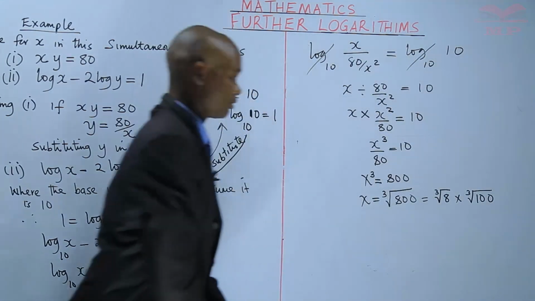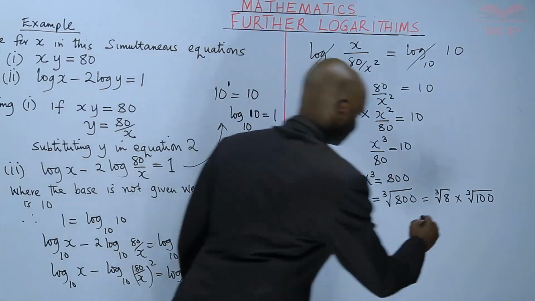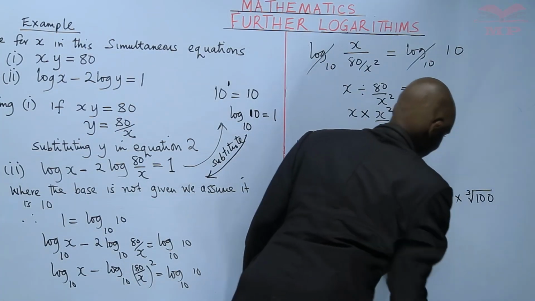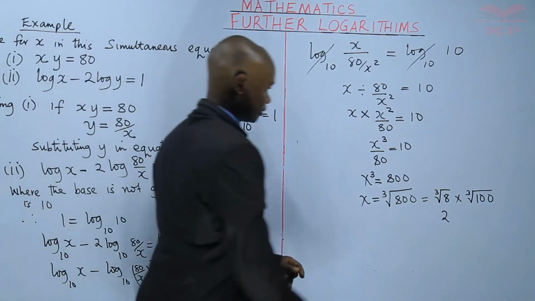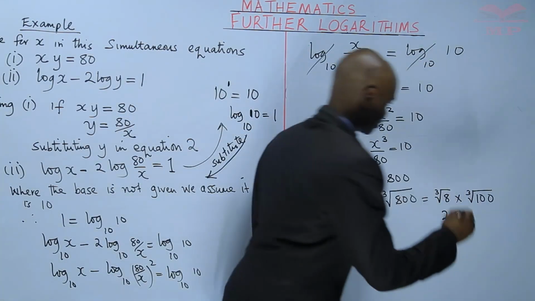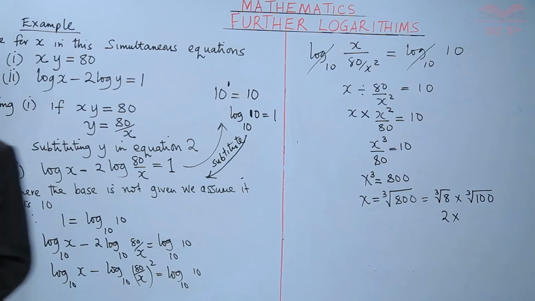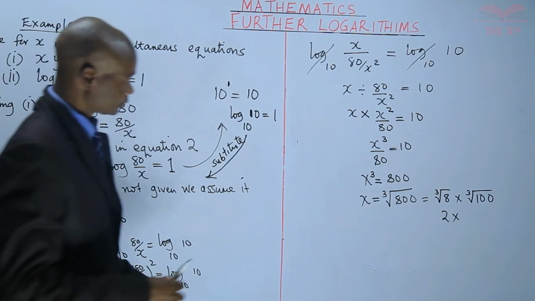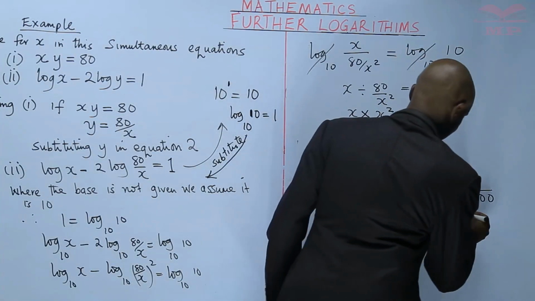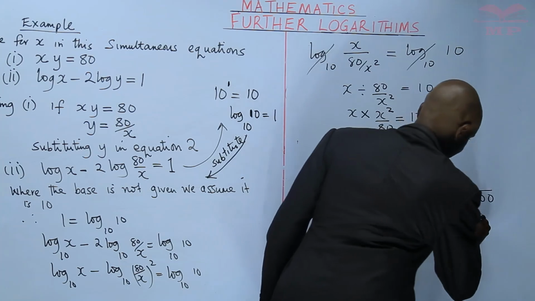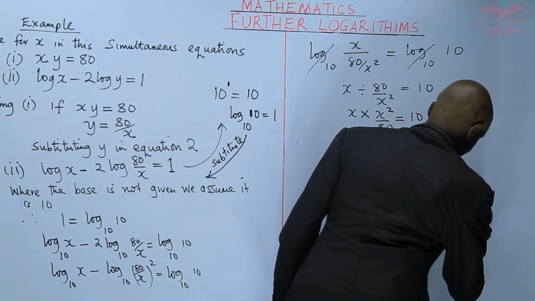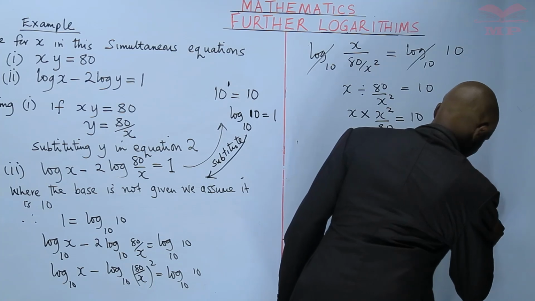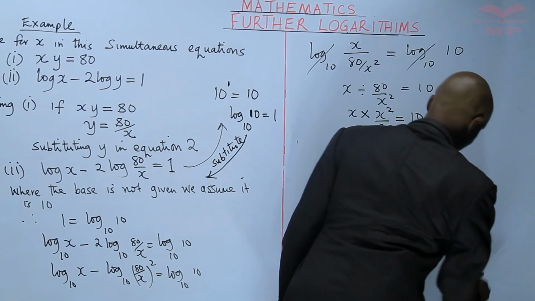The cube root of 8 is 2, times the cube root of 100.